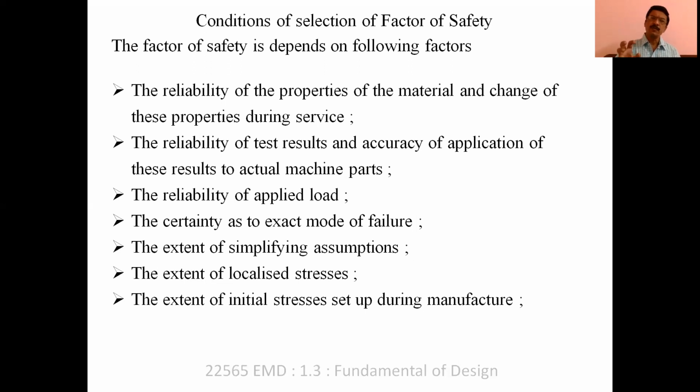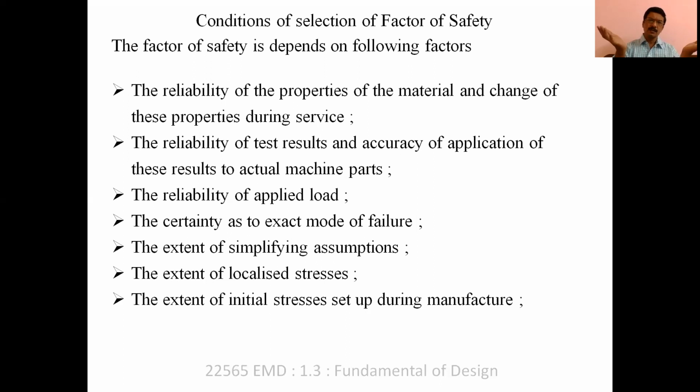The factor of safety also has to be considered when there are initial stresses. Initial stresses means what? For example, there is a nut and bolt. That nut and bolt has to be tightened. If I tighten that particular nut and bolt, then obviously initial stresses are created inside that bolt.